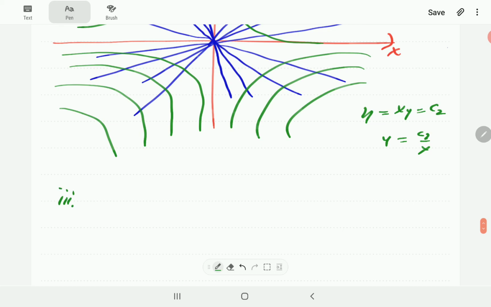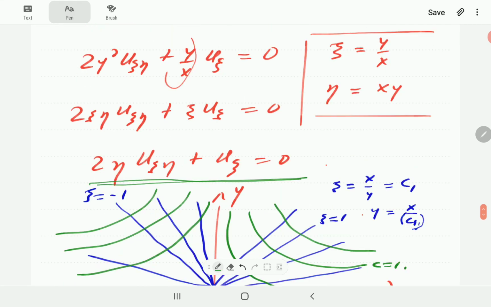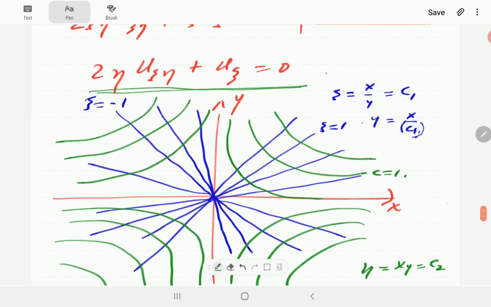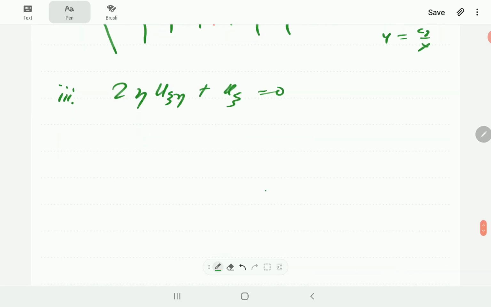So part 3, we have got 2 eta u xi eta plus u xi equal to 0. So this we can integrate with respect to xi. It gives us this. So we just integrated with respect to xi.